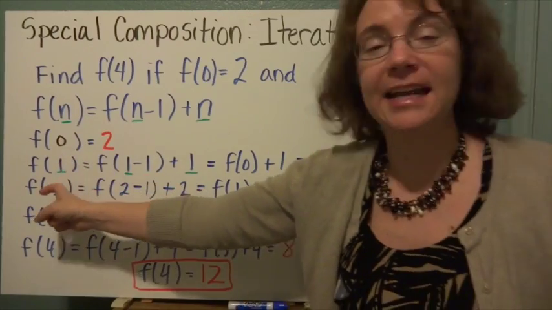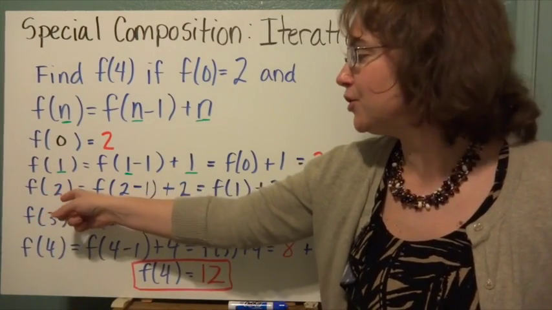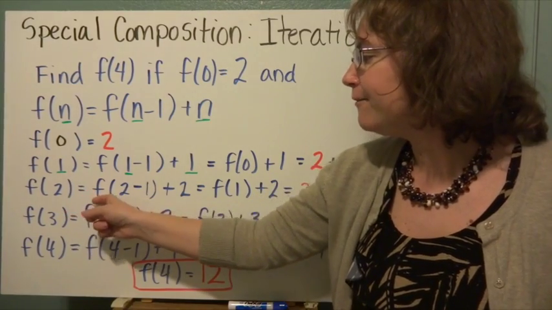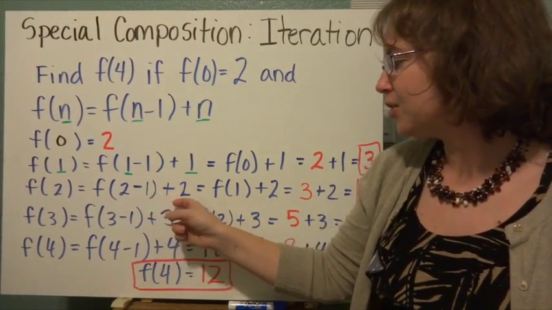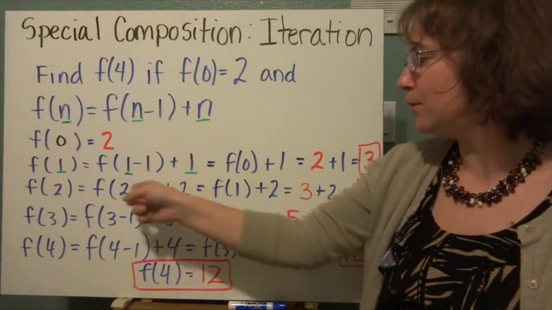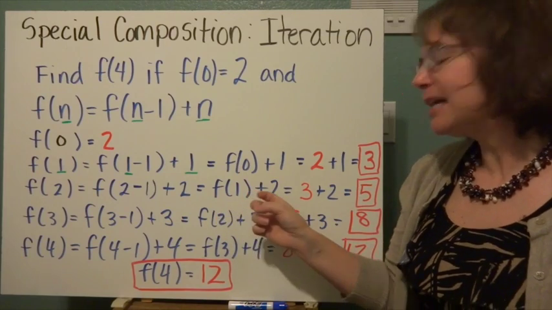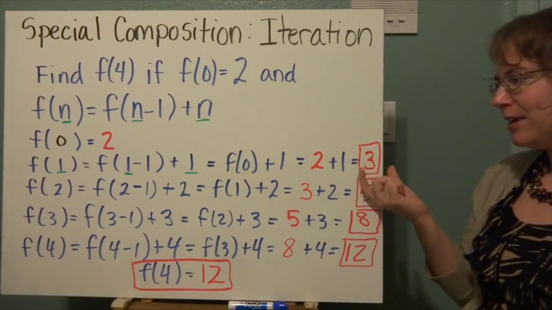Now if I wanted to find f of 2, my n is equal to 2. That equals f of n minus 1, so 2 minus 1, plus n, so plus 2. That's equal to f of 1, since 2 minus 1 is just 1, plus 2. We know what f of 1 is from over here. That's a 3.